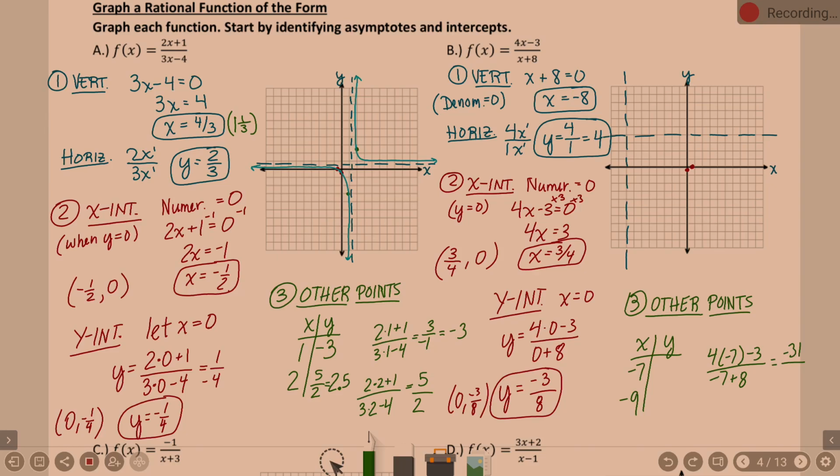Negative 7 plus 8 is 1. Negative 31 divided by 1 is negative 31. Okay. Let's do negative 9.